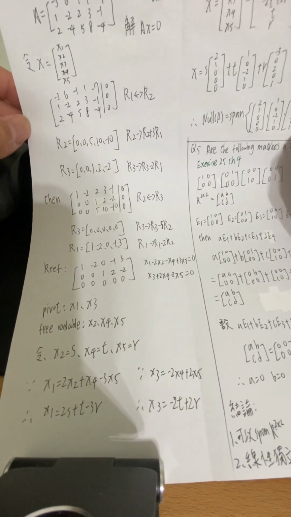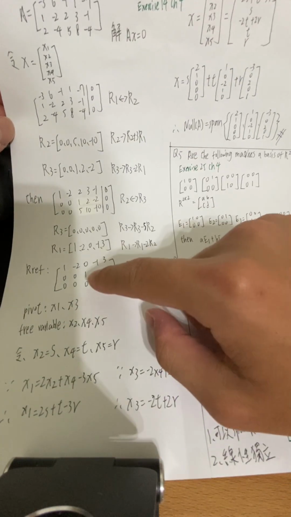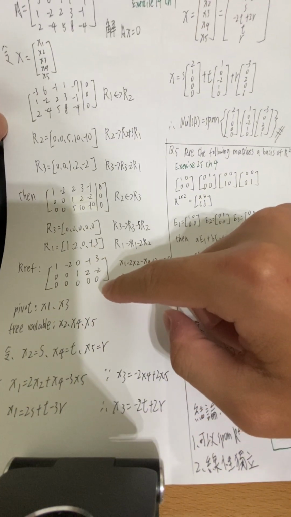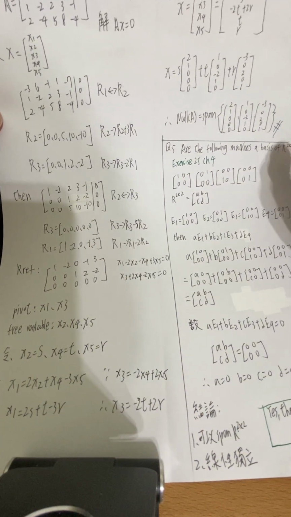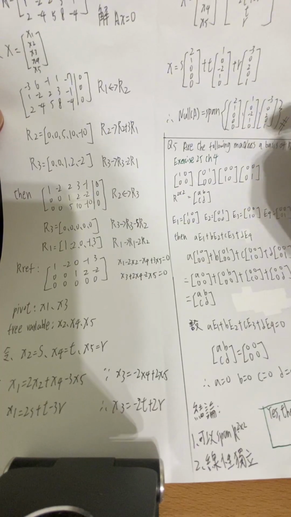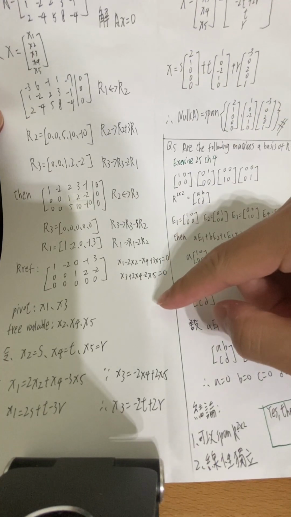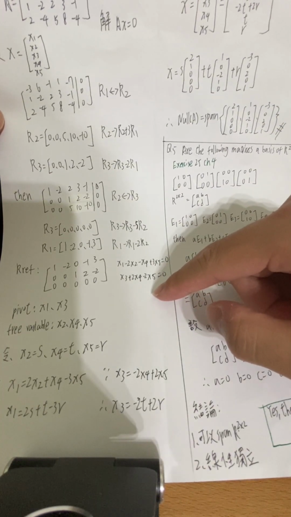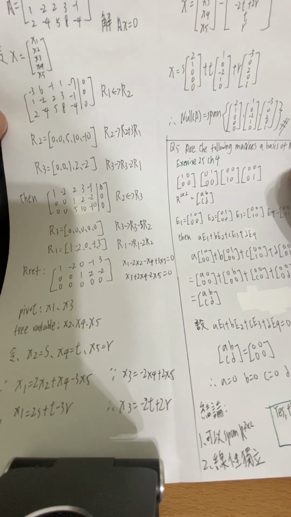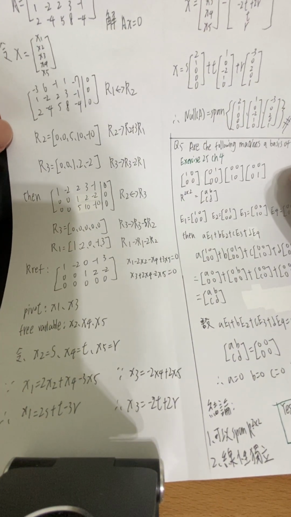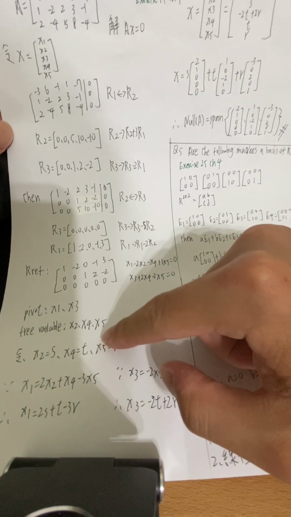From the RREF, we get the equations x1 equals x2 plus x4 minus 3 x5 and x3 equals negative 2 x4 plus 2 x5. The free variables are x2, x4, x5.